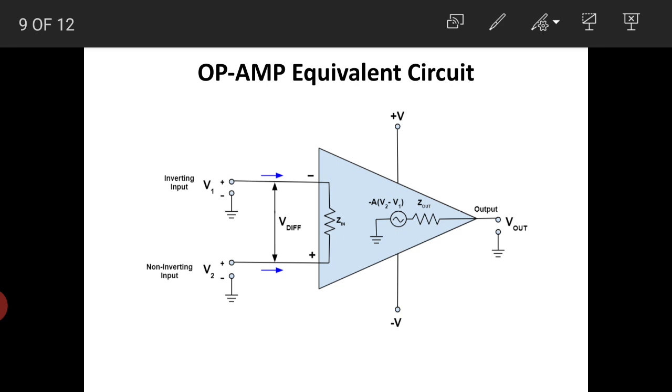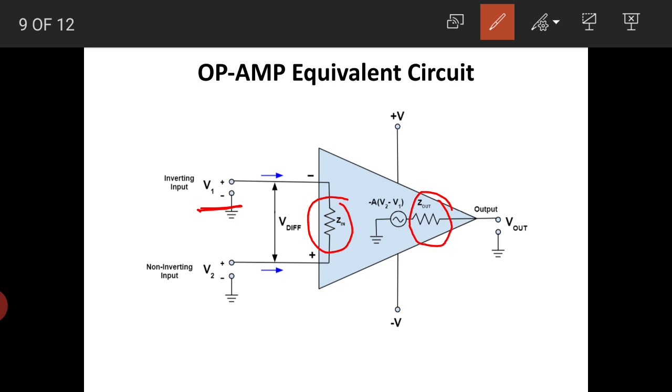This is the basic equivalent circuit of the operational amplifier, where Zin shows the input resistance or input impedance, and Zout is the output impedance of the amplifier.